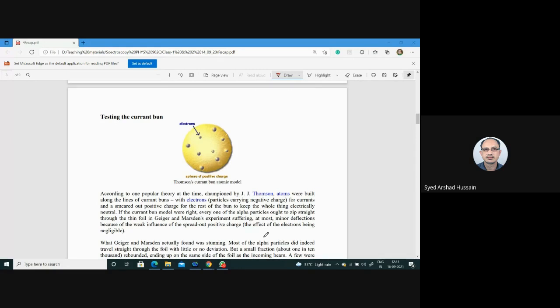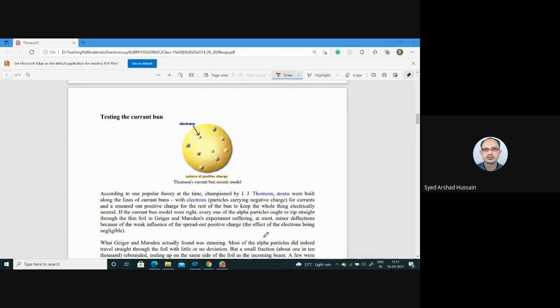This was the first theory accepted that could analyze the property of the atom to a certain extent, at least the neutrality of the atom.